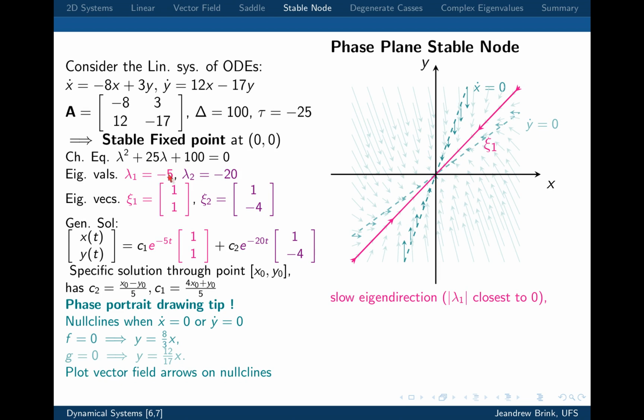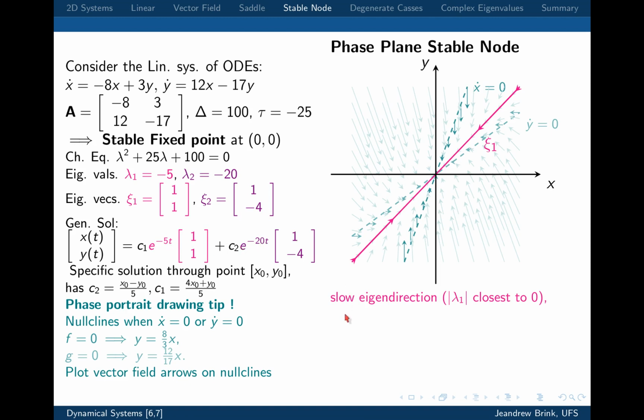Why that becomes important is that if you look at the solution, this one is going to decay a lot faster than this one. So when time gets larger, eventually it looks as if the solution approaches the origin along this one, and that's what I mean by the slow eigendirection. So it plays a more important role in your solution when time gets bigger.